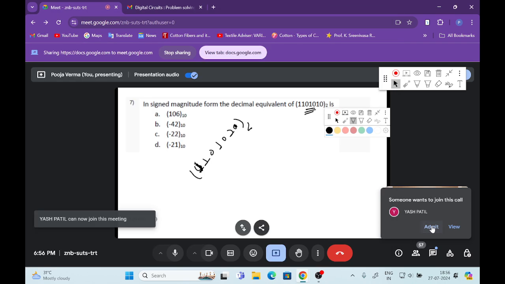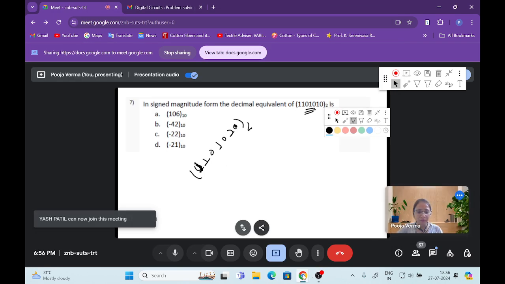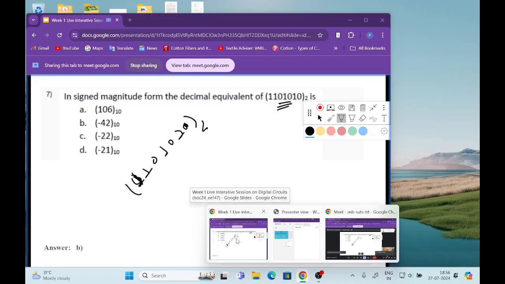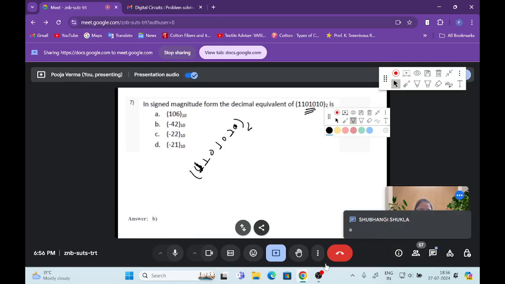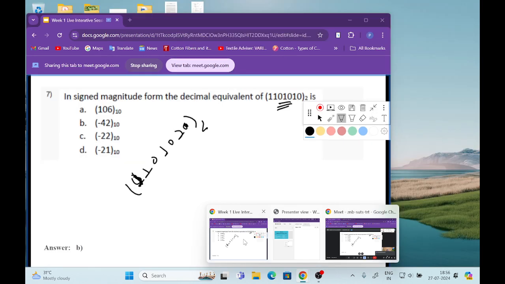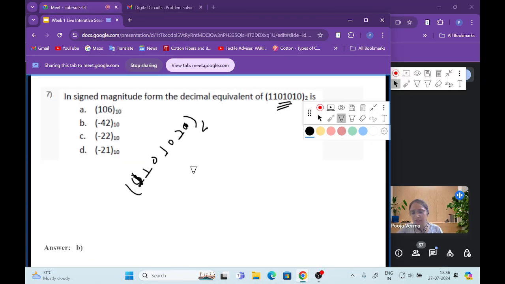Just confirm, check whether it is a positive number or a negative number. So MSB is 1, so it is a negative number. Now if we need to find it out, how can you find the decimal equivalent of this number?